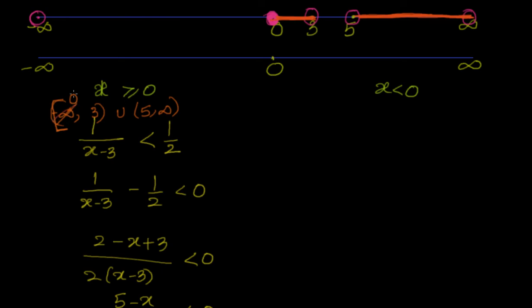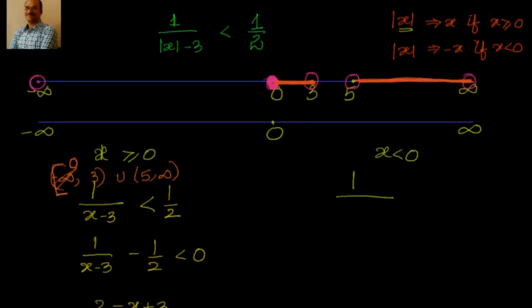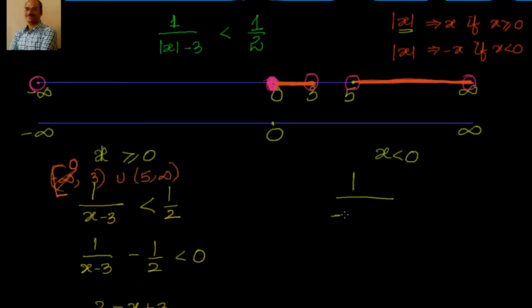So minus infinity will become 0 and 0 will be included. So 0 to 3 and 5 to infinity. Now let's look at the second case. The second case is x less than 0. So in this case 1 by mod of x will return minus x, minus 3 less than 1 by 2.